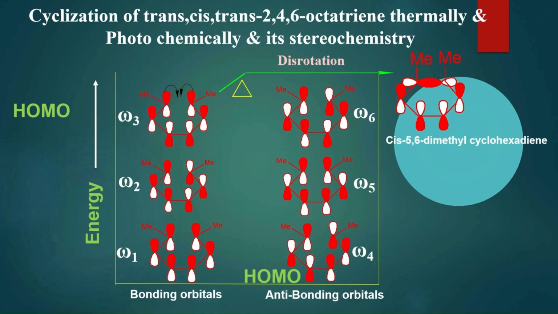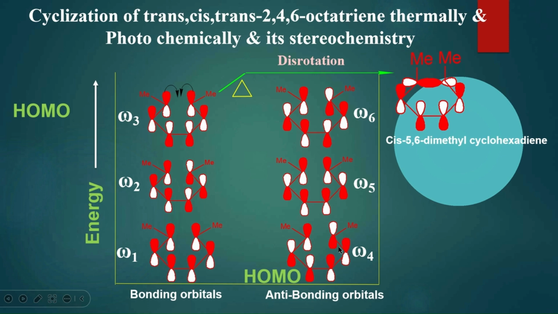When I induce the reaction photochemically, the electron from the psi 3 energy level jumps to the next energy level, psi 4. That's why the HOMO to be considered is psi 4. The 2p orbitals at the psi 4 energy level are involved in the reaction.